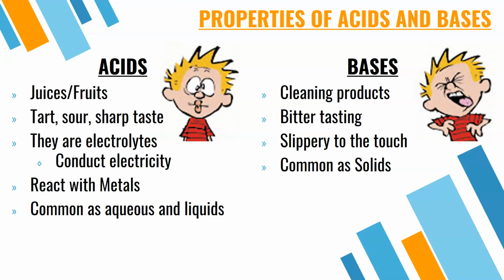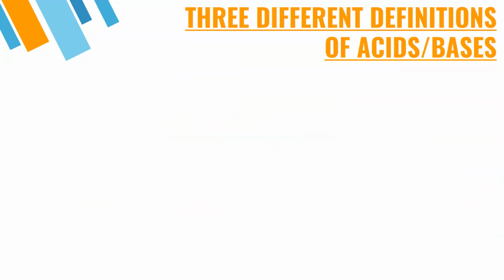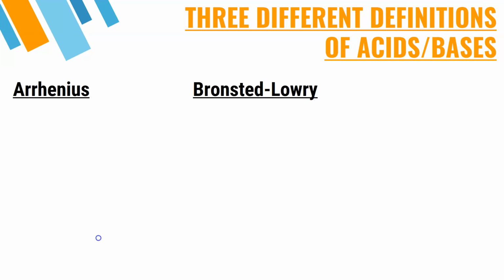Now, you usually learn that even in elementary school or middle school, but what you don't often learn is that there are different definitions of acids and bases. What you typically learn is called the Arrhenius definition, which is the most simple version.